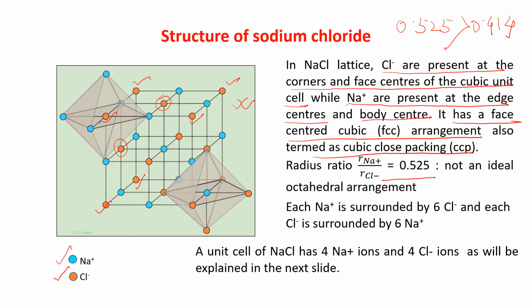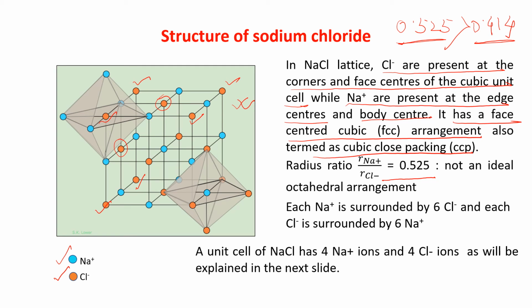So it is an octahedral arrangement. It is an octahedral arrangement, but it is not the ideal octahedral arrangement. The perfect octahedral void is of 0.414, but there is a range I told you, up to 0.732. So it is coming in between these two. This is an octahedral arrangement.